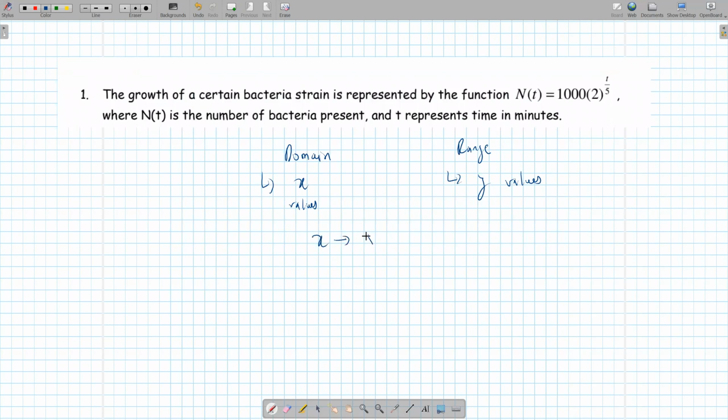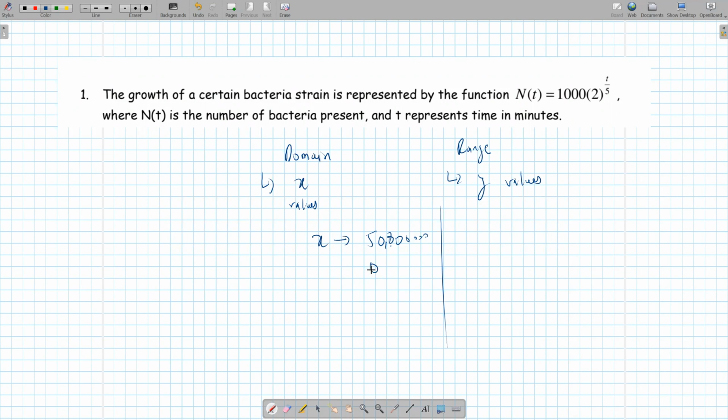Can X be 5? By X, I mean T here, okay? Can that T be 5? Yes. Can it be 5,000? Yes. Can it be 50 million? I guess so. It can be. Can it be 0?